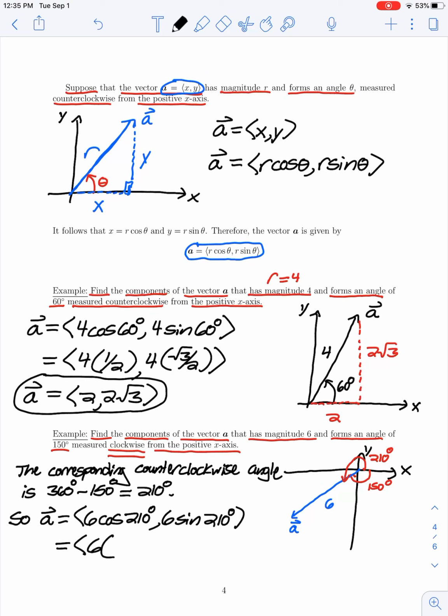So we have then 6 times negative √3/2, and 6 times sine of 210, which is negative 1/2. So simplifying a little bit, our first component would be negative 3 times the square root of 3, and our second component is negative 3.